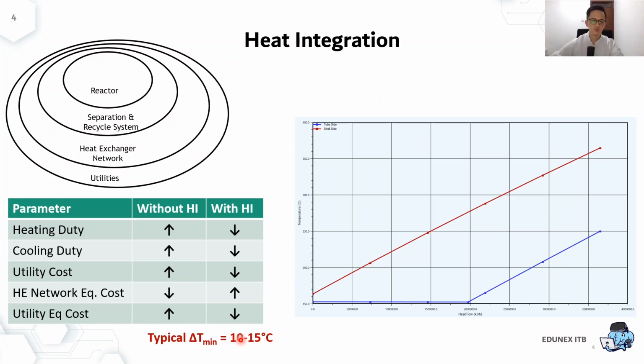So the capex will start to become a drawback for your case. That will be your typical delta T minimum approach for a typical chemical plant.